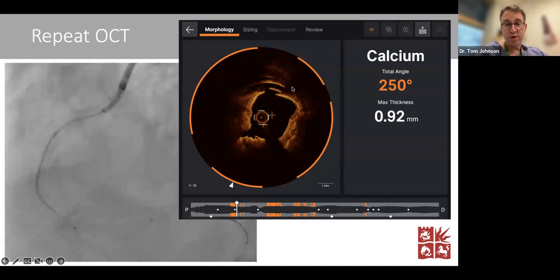So this was concentric, but as you might expect from a mechanical perspective, a point of weakness is going to be this thin into thicker plate calcium.